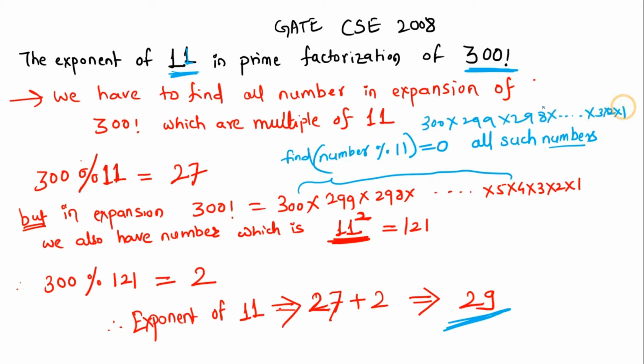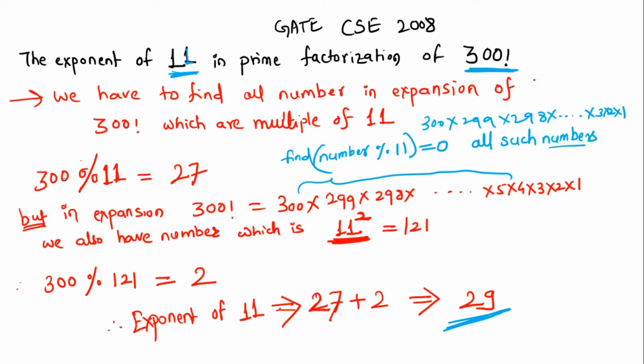Among all of these numbers in the multiplication, we have to find how many are divisible by 11, and sum up all the quotients. So simply we will find how many numbers are divisible by 11.